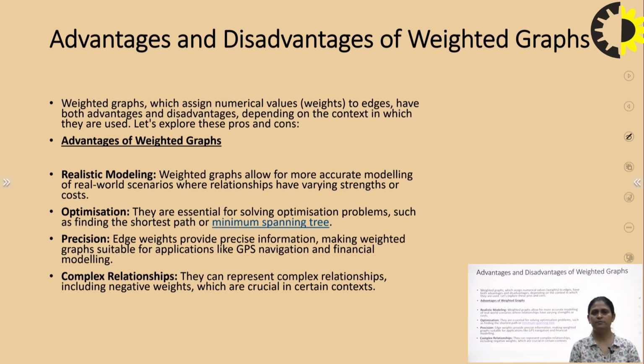Precision. Edge weights provide precise information, making weighted graphs suitable for applications like GPS navigation and financial modeling. Complex relationships. They can represent complex relationships, including negative weights, which is crucial in certain contexts.